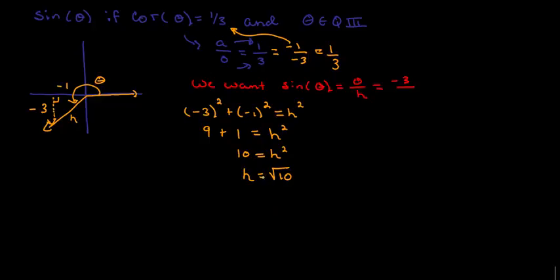Now I didn't put plus or minus out here, and the reason for that is because the hypotenuse length is going to be positive. So I'm going to use the positive version of this. You should think about whether you can take the square root of 10 and reduce it.